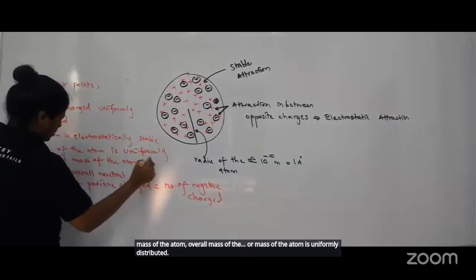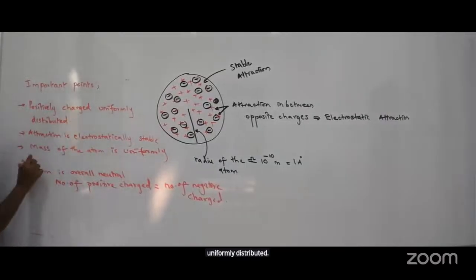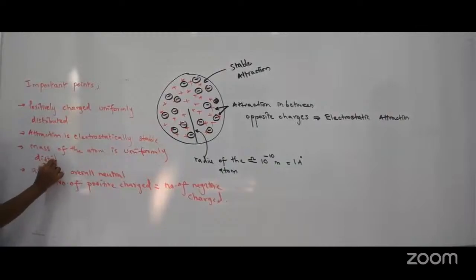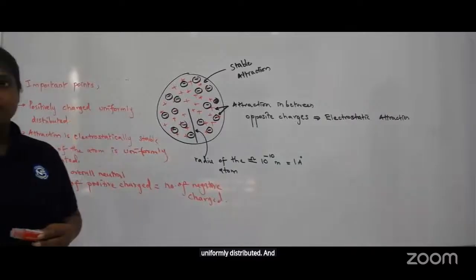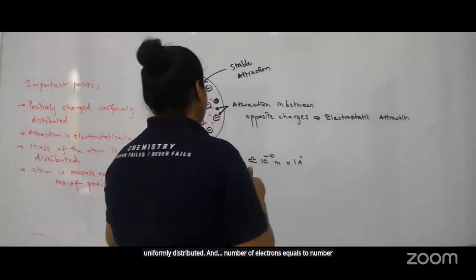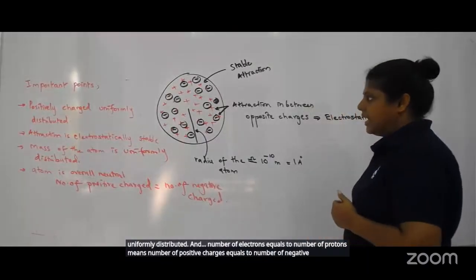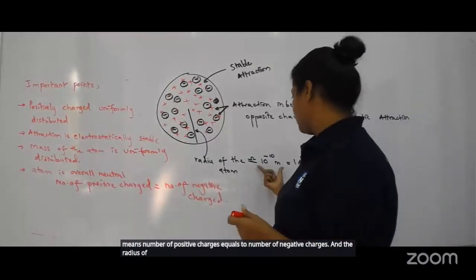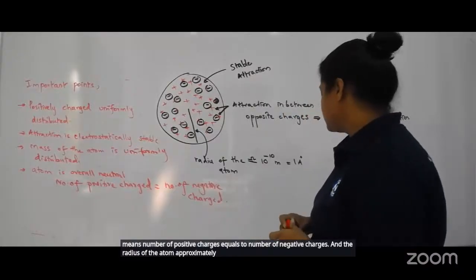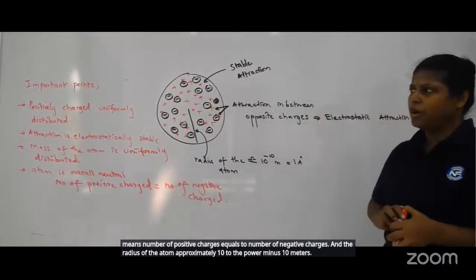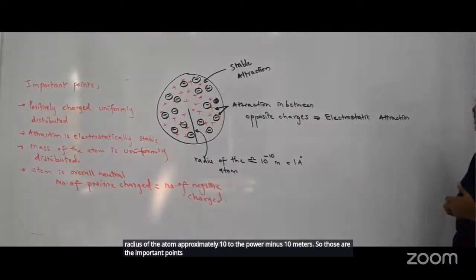The number of electrons equals the number of protons, meaning the number of positive charges equals the number of negative charges. And the radius of the atom is approximately 10 to the power minus 10 meters. So those are the important points explained through J.J. Thomson's atomic model.